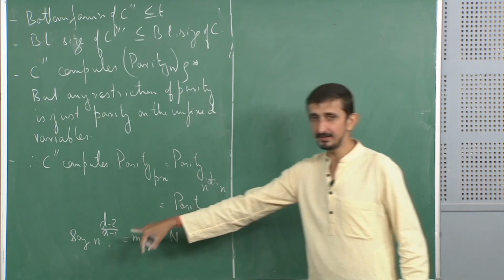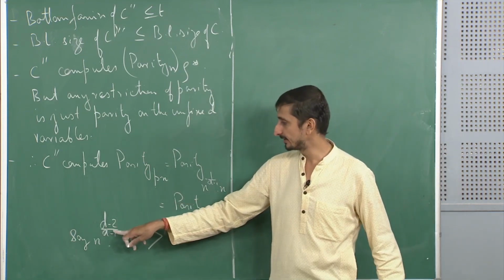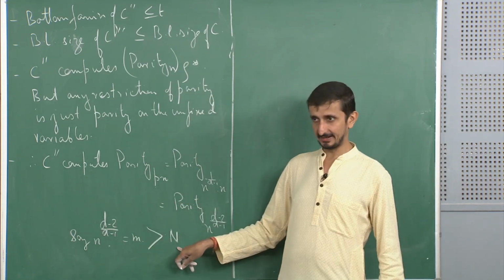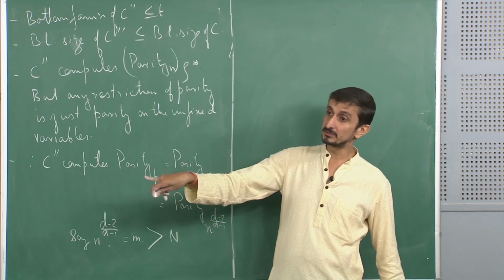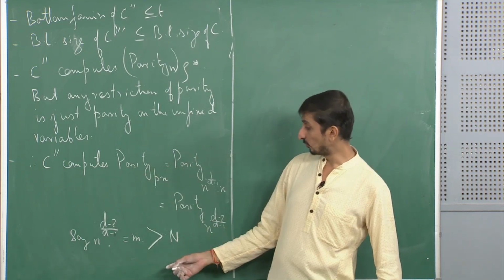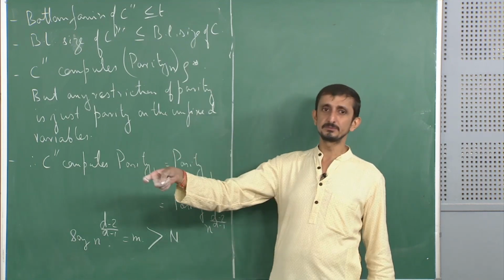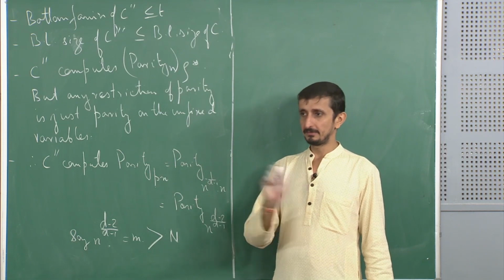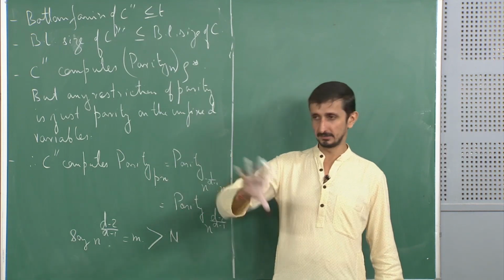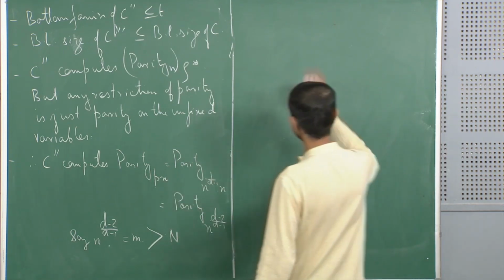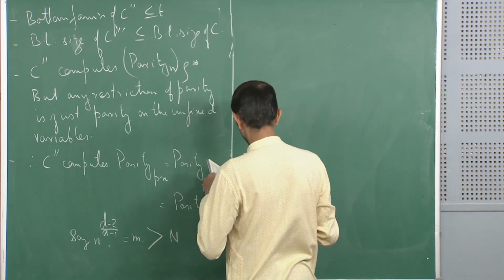Okay, we had chosen n in such a way, so that n to the power d minus 2 by d minus 1 was greater than n, and our inductive hypothesis was that for all small n greater than capital N, there was no depth d minus 1 circuit that was computing parity having a certain size and a certain bottom fan-in size. So, that is the contradiction. Okay.